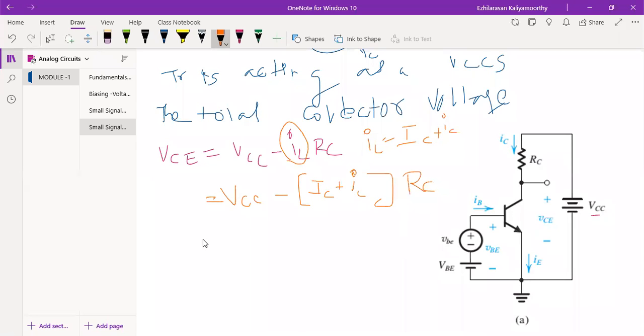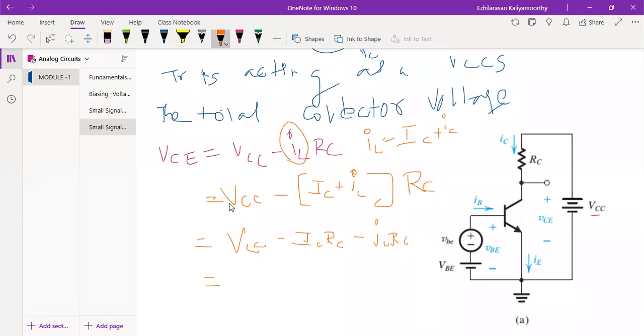And now just to expand this expression, we'll get VCC minus IC RC minus small ic RC.